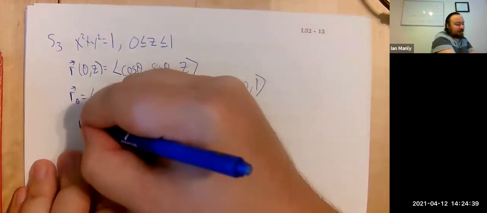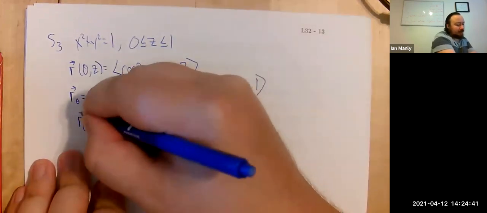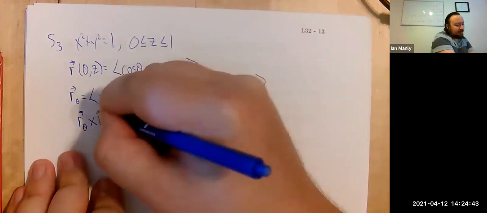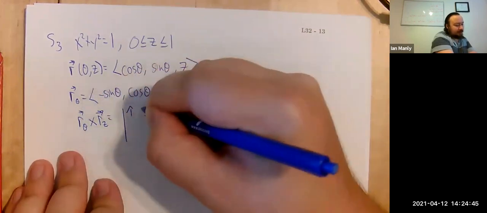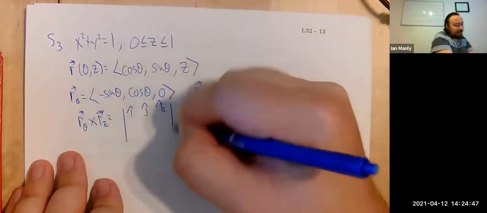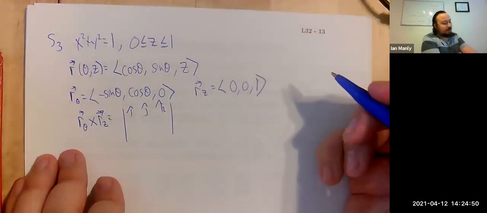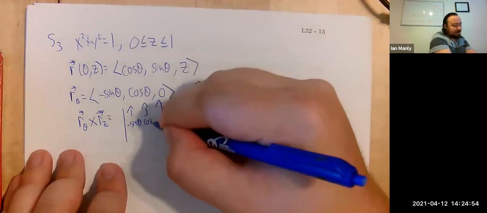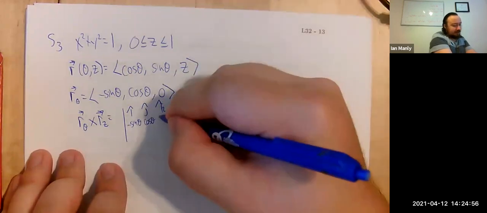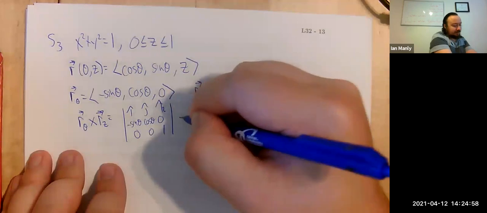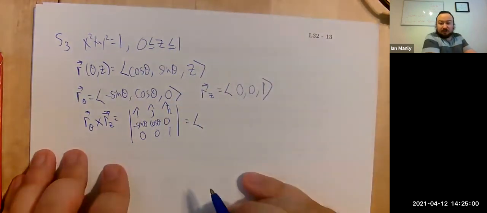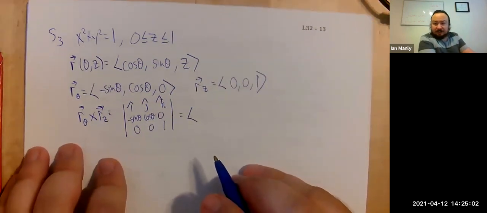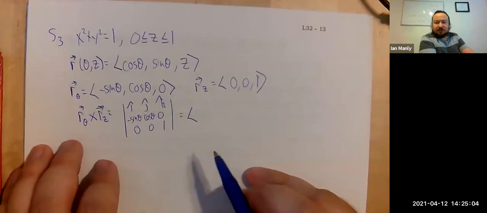Now we need to do r theta cross r z. We have i, j, and k, then negative sine theta, cosine theta, 0, and 0, 0, 1.